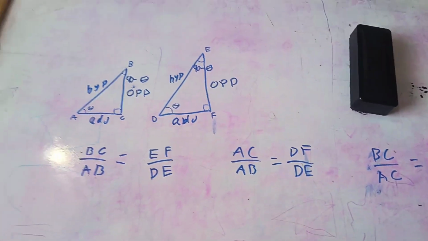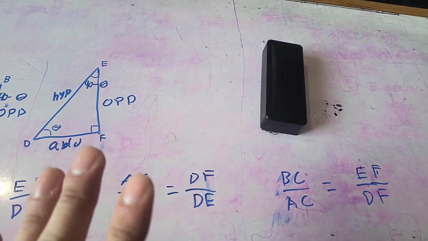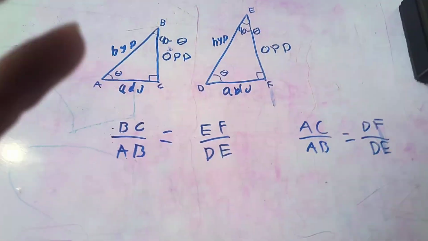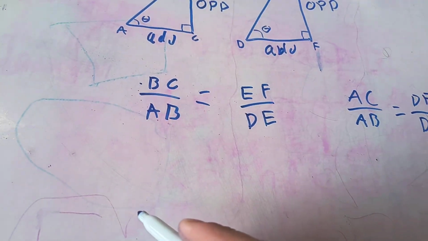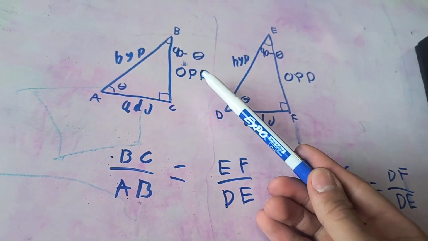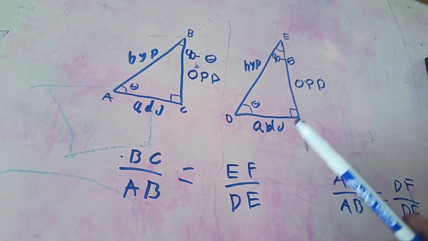This is a very important concept in trigonometry, so much that they gave these ideas their own names. We're going to start using opposite, adjacent, and hypotenuse for the sides.